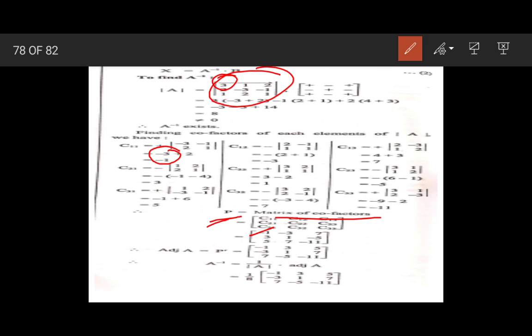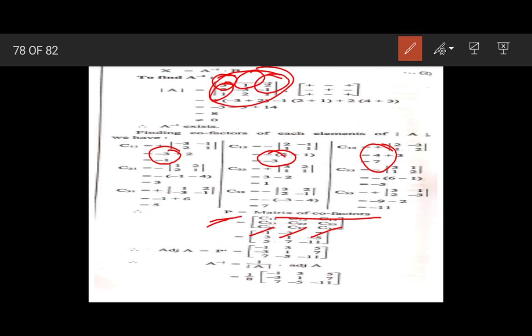Similarly, in the place of 1, what do we have to write?